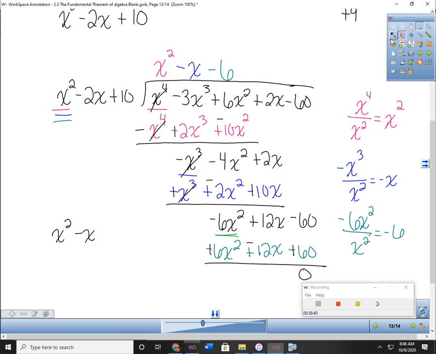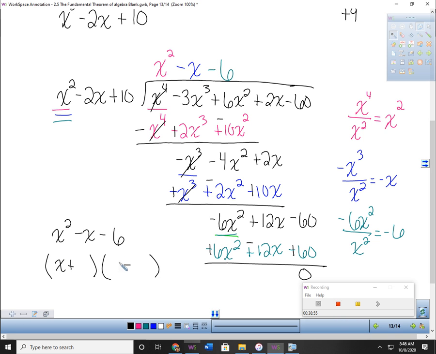So we're going to take that and we're going to actually factor it to figure out what our other 2 zeros are. So I have a minus in the back. That's 1 plus and 1 minus. I have x and x. And what multiplies to make 6 and subtracts to make 1, that would be 3 and 2.